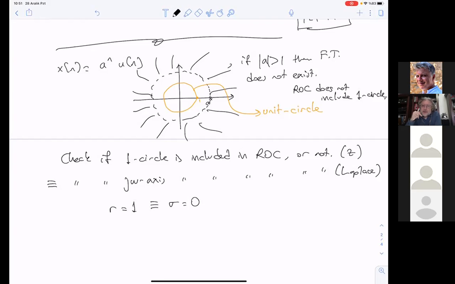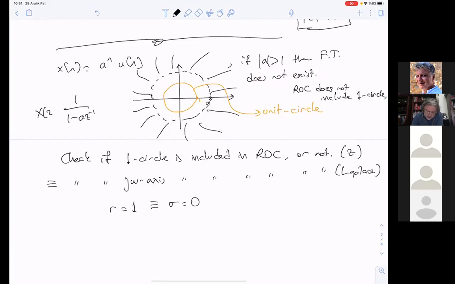And it must be included in the region of convergence for stability or for convergence of the series. But as you see from this example, even though the Fourier transform does not exist, the Z transform still exists, and it is 1 over 1 minus A Z inverse.